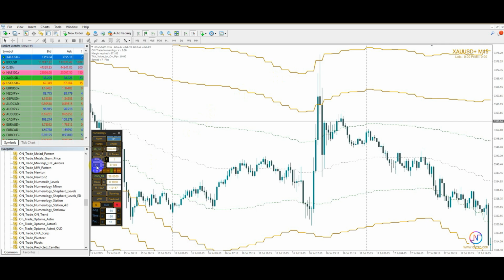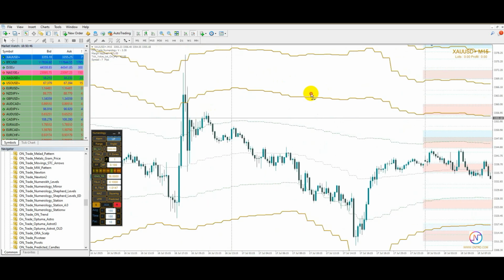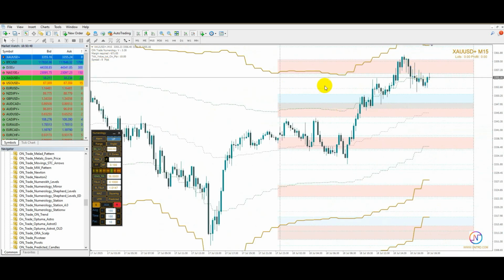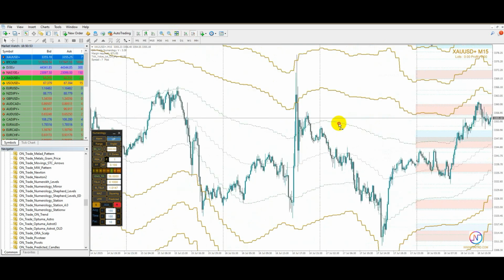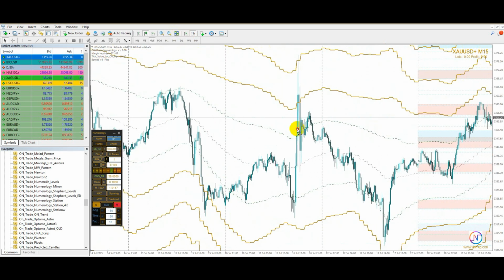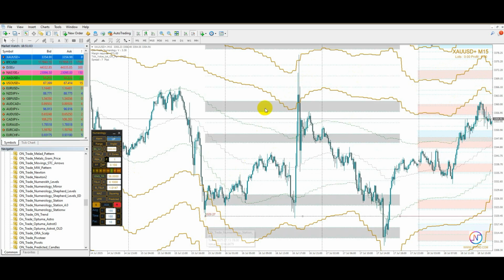We can use FF zones, which will draw these pink and blue zones. For example, at this point, I trust there was a zone here. It is calculated from the last day's high.